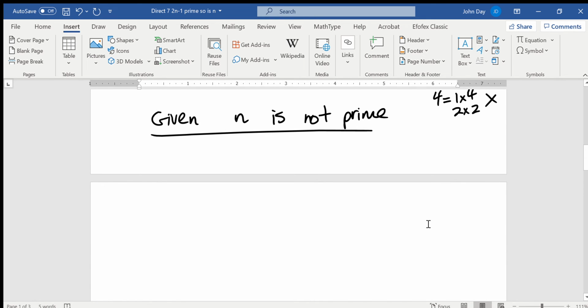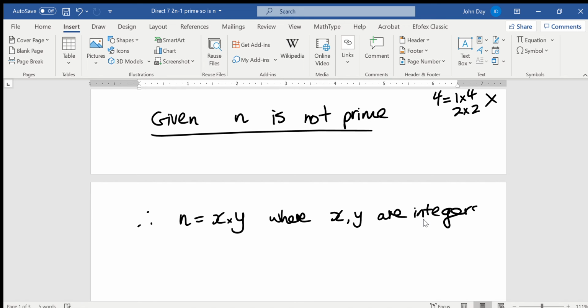So we're given that n is not prime. Therefore n is equal to x times y, where x and y are integers, and x is bigger than 1 and y is bigger than 1. In other words, x and y aren't just the number n and the number 1.